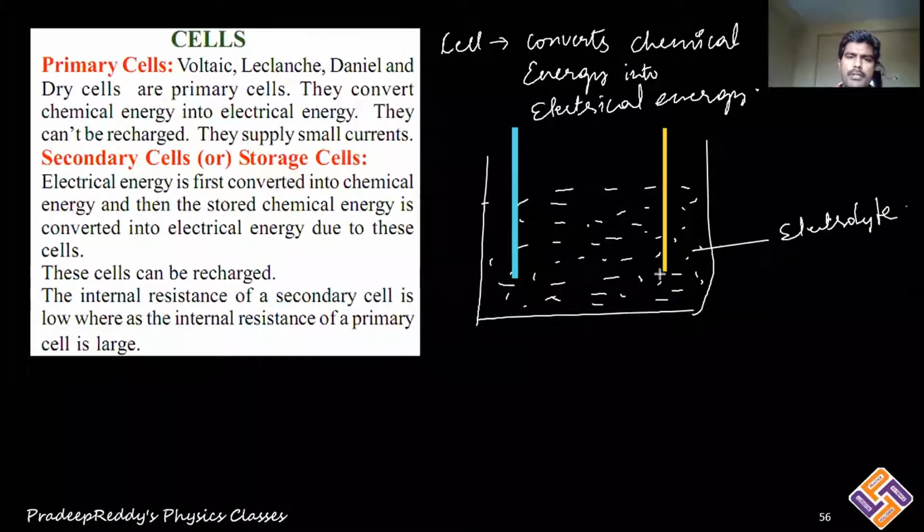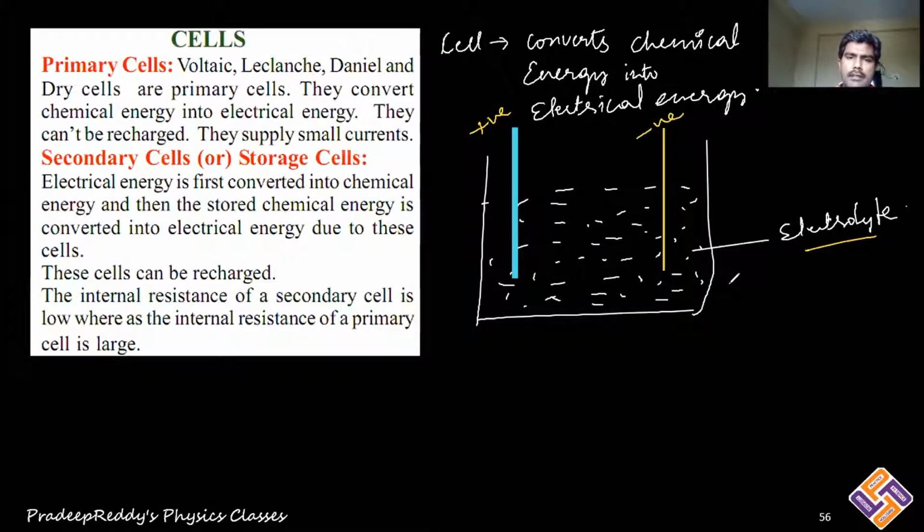One is positive and the other one is negative. So we have two electrodes suspended in the electrolytic solution, and as a result they undergo a chemical reaction between these electrodes and the electrolytic solution.